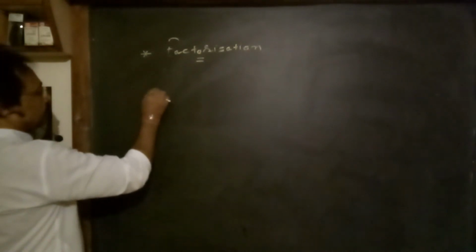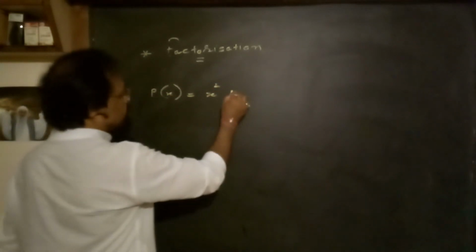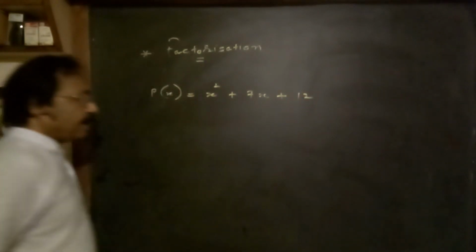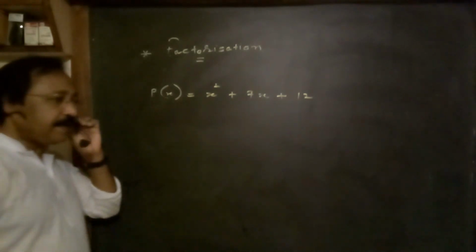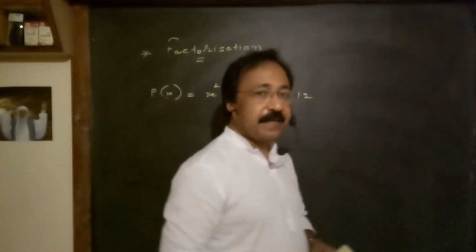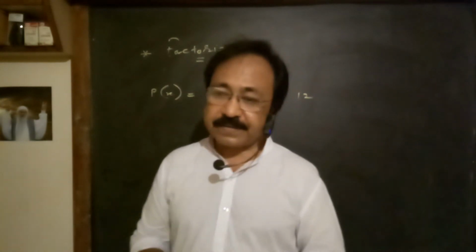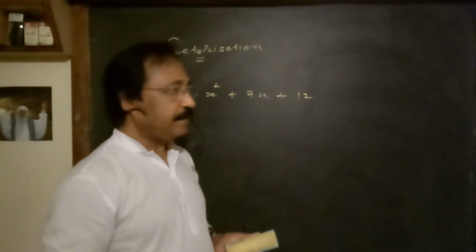Then p of x is equal to, if it is given, x square plus 7x plus 12. And if I want to factorize this polynomial, then in fact there are 18 types of factorization. And factorization you can understand only if you have all identities ready.